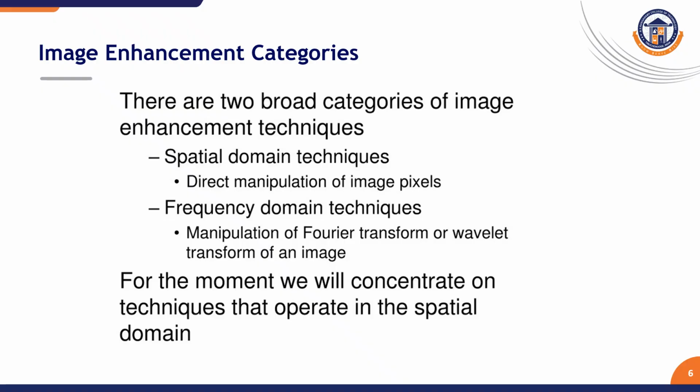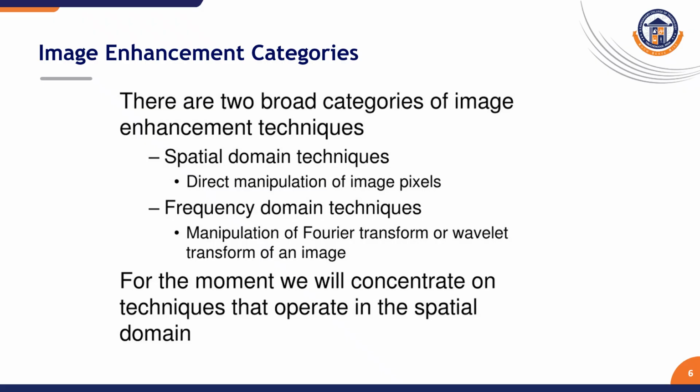The different categories of image enhancement are the spatial domain and the frequency domain. In the spatial domain, we directly manipulate the pixels of images, and in the frequency domain, different transforms are available.